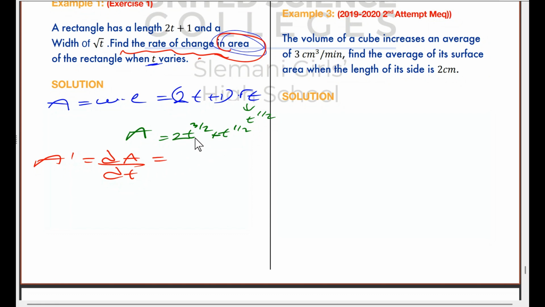So the derivative of 2t to the 3 over 2 is 3 over 2 comes down in front, 2 cancels, so 3 t to the power of 3 over 2 minus 1. Then 1 over 2 comes down in front and decrease the power by 1, negative 1 over 2.